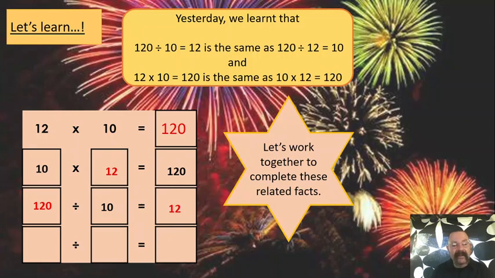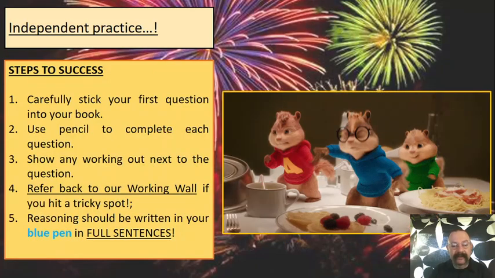Then we're going to start again with the same highest value number, 120. So what would we put in the next box? So we've got a related fact. Let's have a look. Hopefully you've said 12, and that should equal, or does equal, 10. Okay, good. Right, so let's move on.